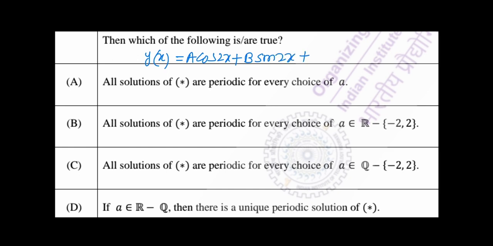plus b sin 2x, thereafter plus sin ax by 4 minus a square.